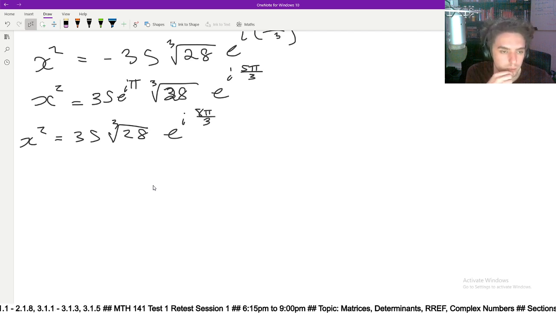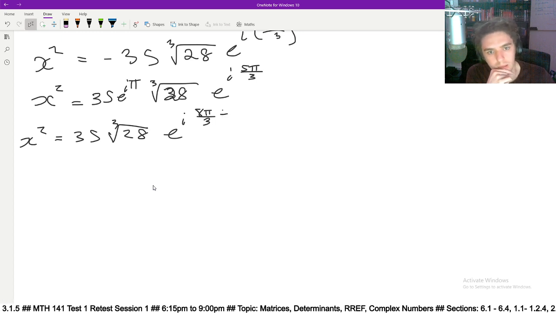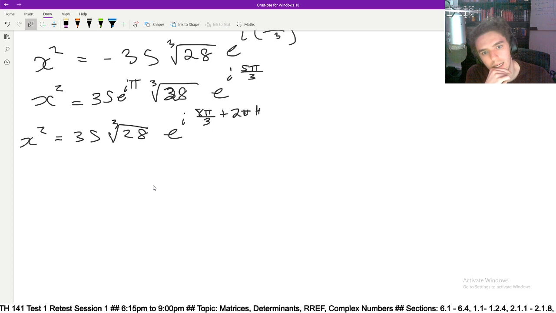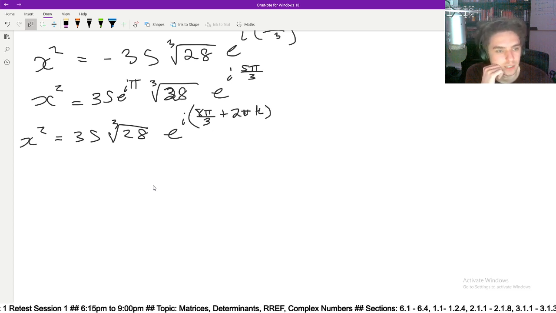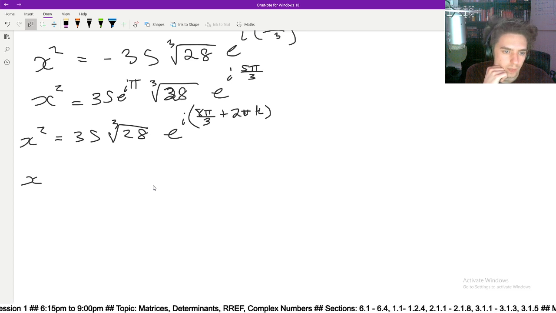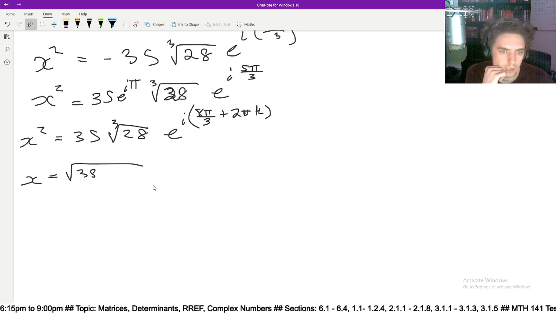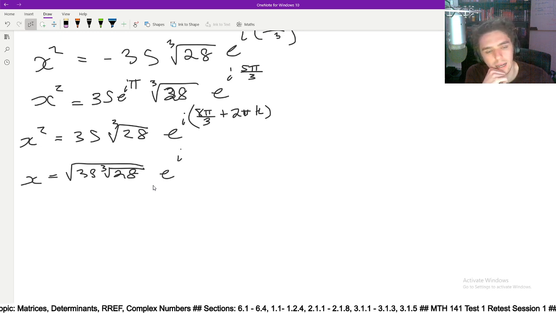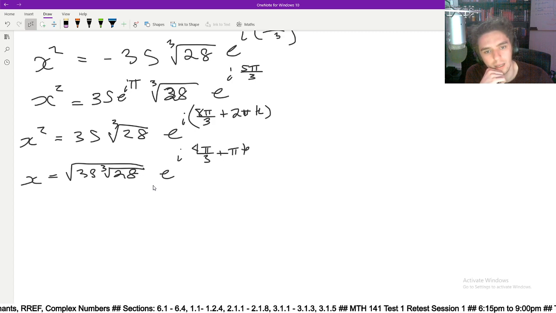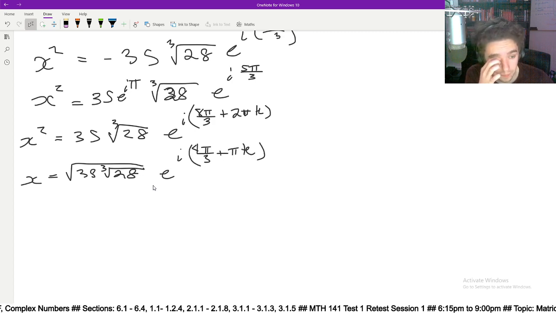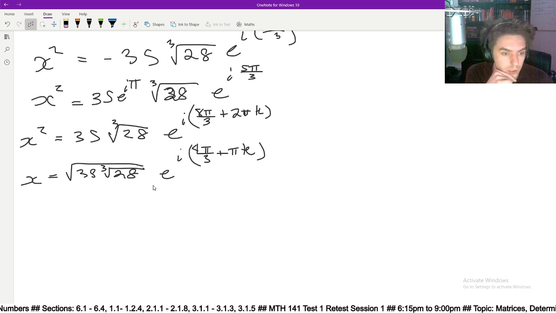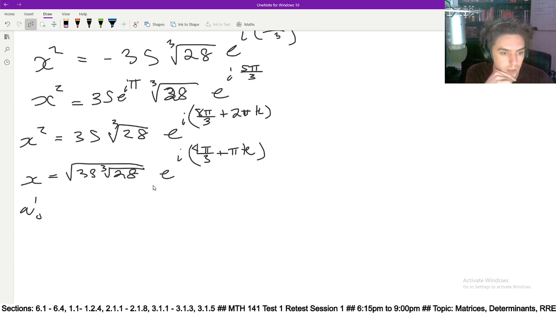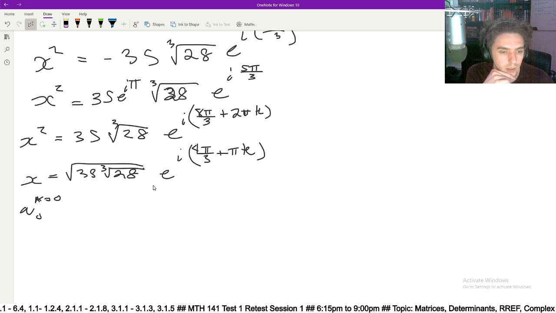Right? Okay, now we need the square root of this, right? And plus 2 pi k. So now the square root of this thing will be the square root of 35 cube root 28 e to the i, and now this is going to be 4 pi over 3 plus pi k. Okay, and so now for the two solutions, w naught is k equals 0.